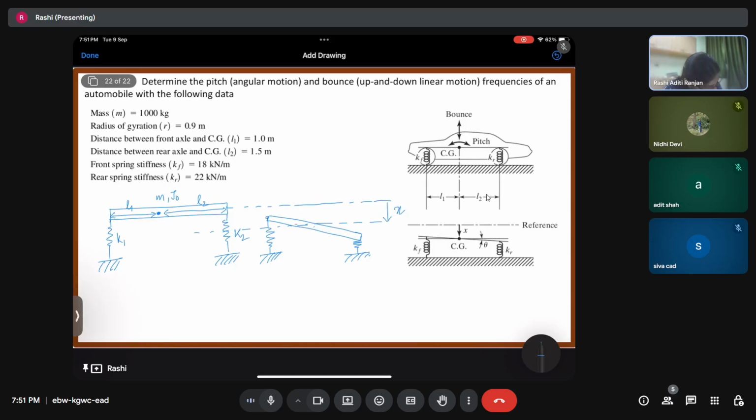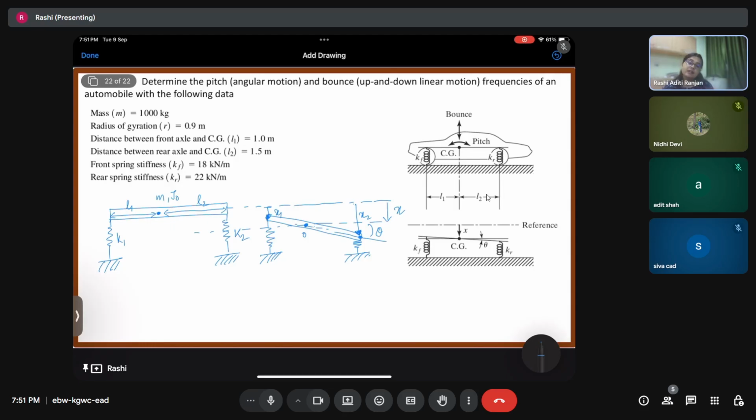Further, this is x2 and this is x1. How can we link x1 and x2? Let us say this is O, about which it is rotating, which is essentially the center of gravity, and this is theta. This is what we are calling the pitch motion, correct? And the bounce motion is x.